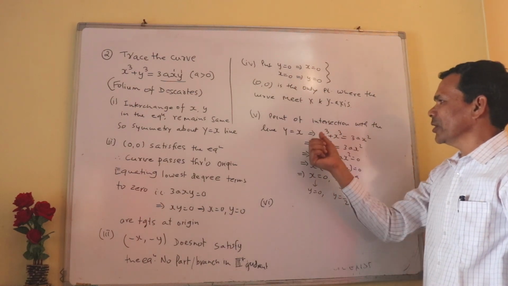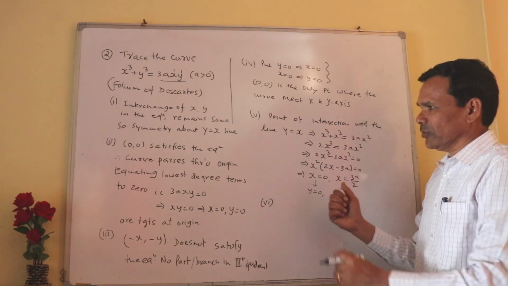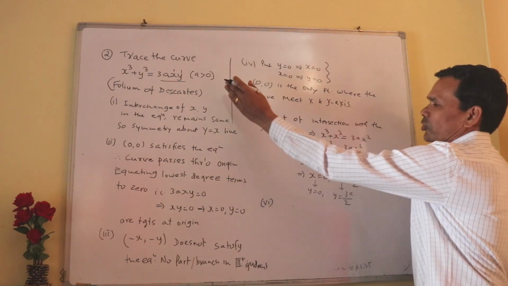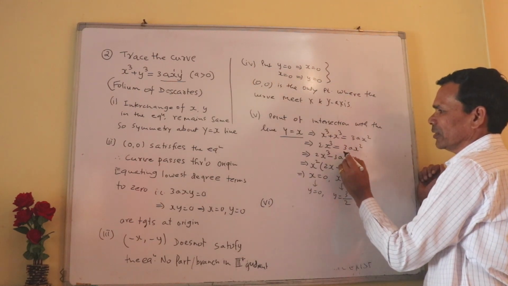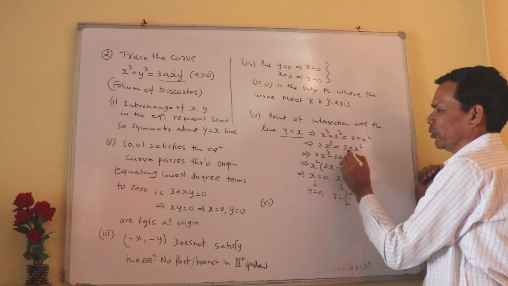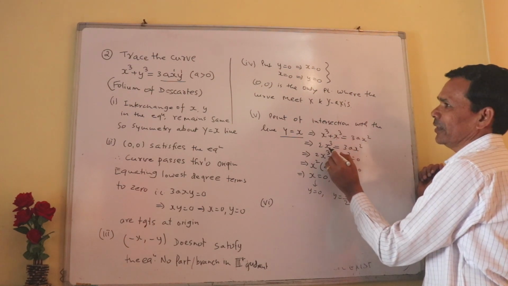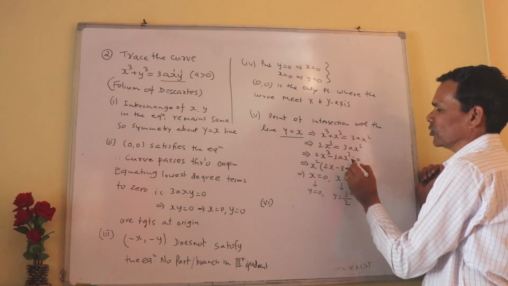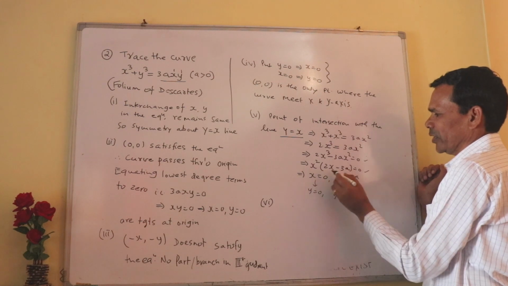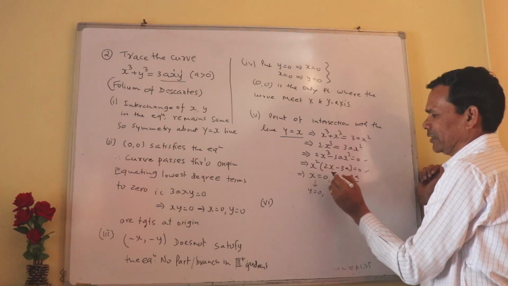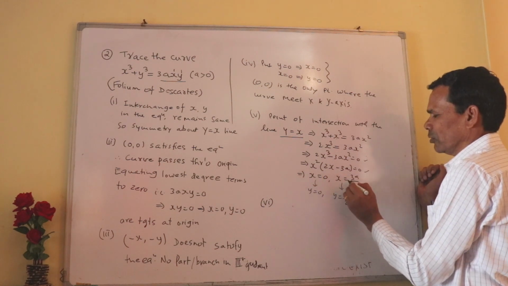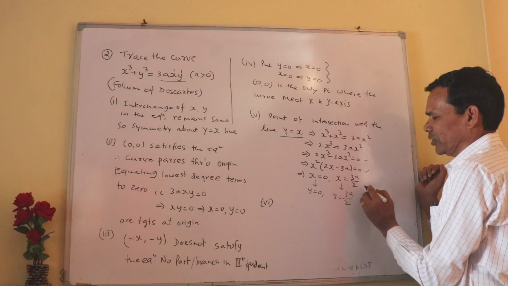Now the point of intersection with the line y is equal to x, where the symmetry occurs. If you put y is equal to x in the equation of the curve, you get 2 times x cube equal to 3a x square. Taking this term to the other side and x square common, either x square is equal to 0 or 2x is equal to 3a, which means x is equal to 3a by 2.